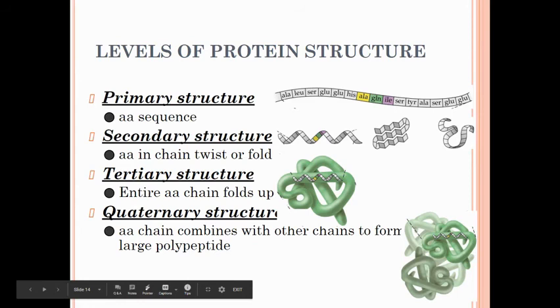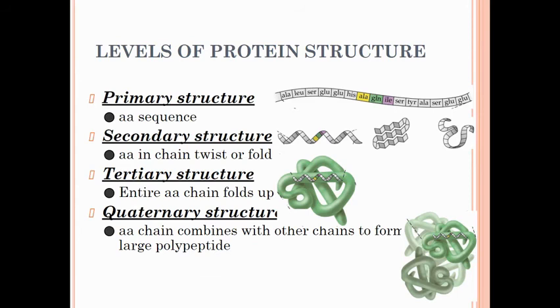There are different levels of protein structure. The primary structure refers to those amino acids that are put together to build the protein. Secondary structure has to do with those amino acids that were put together.